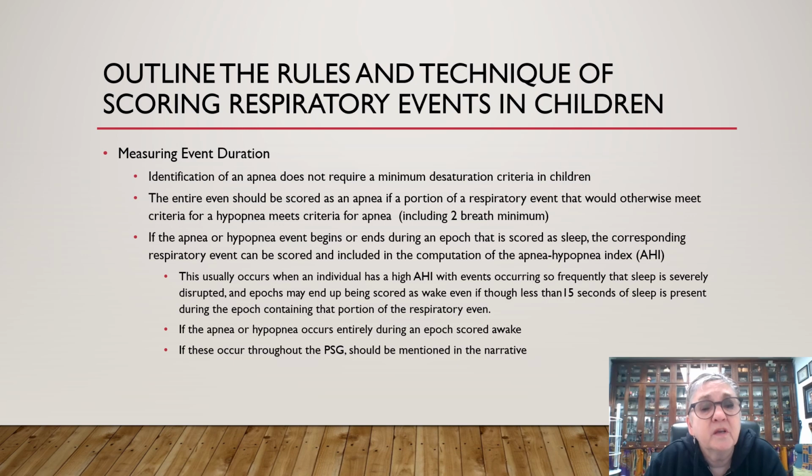This usually occurs when an individual has a high AHI, with events occurring so frequently that sleep is severely disrupted, and epochs may end up being scored as wake, even though less than 15 seconds of sleep is present during this epoch containing the portion of the respiratory event. If an apnea or hypopnea occurs entirely during an epoch scored awake, or if it occurs throughout the PSG, it should be mentioned in the narrative.